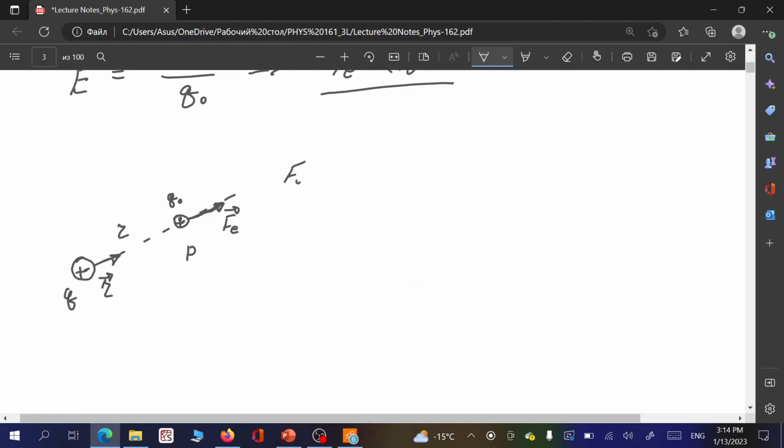So let's write F e vector. It will be equal to Ke, which is the electric constant, times Q naught divided by r second power. And here we also have the r unit vector.